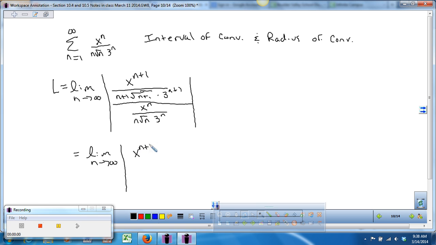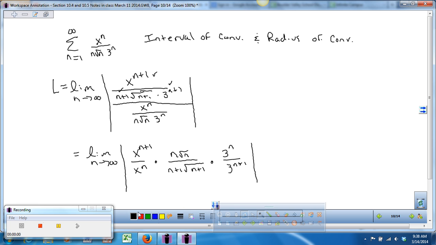Good, x to the n plus 1 over x to the n times n root n over n plus 1 root n plus 1 times 3 to the n over 3 to the n plus 1. Have we accounted for everything? X's, 3's, and n. We're good.